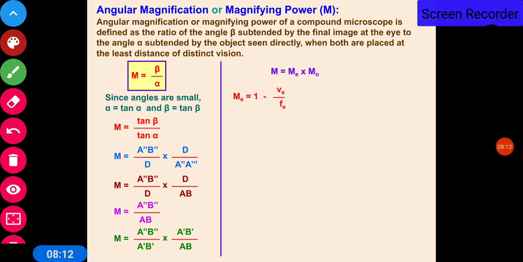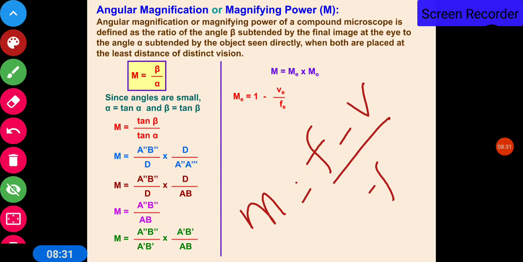Now in the second lecture, I told you about the linear magnification. Here we learned this formula that m is equal to f minus v upon f. This was the expression for the linear magnification, or this can be written as 1 minus v upon f.